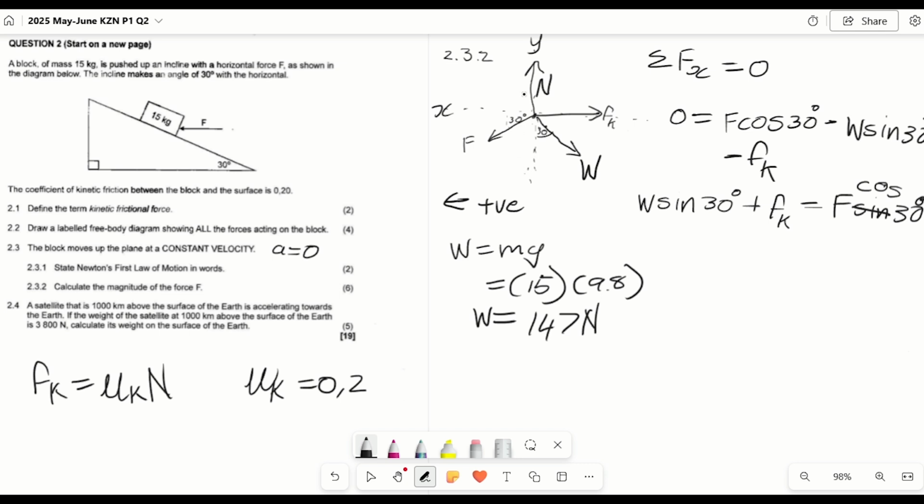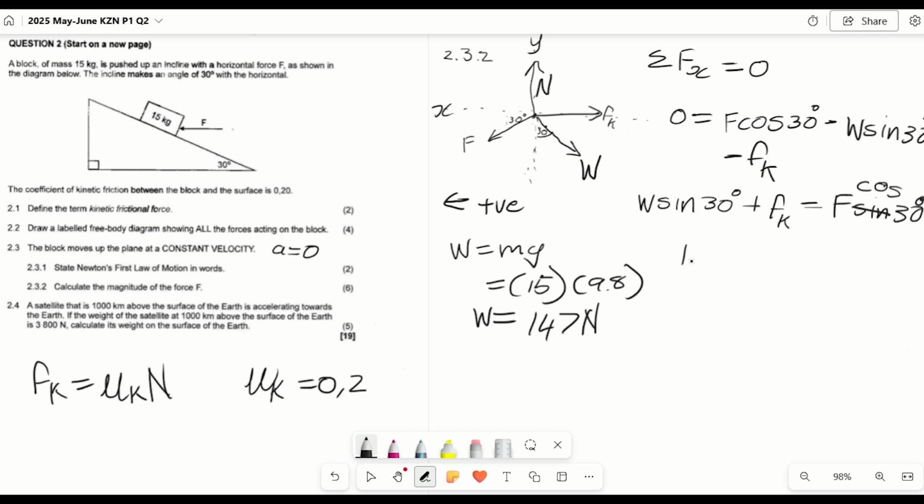Where's n? Didn't write n there, but that component, that force over there. In the y-plane, we know that the block does not move down the plane. Therefore, this F component in the y direction and this weight component in the y direction equally oppose the component of n. What does that mean?